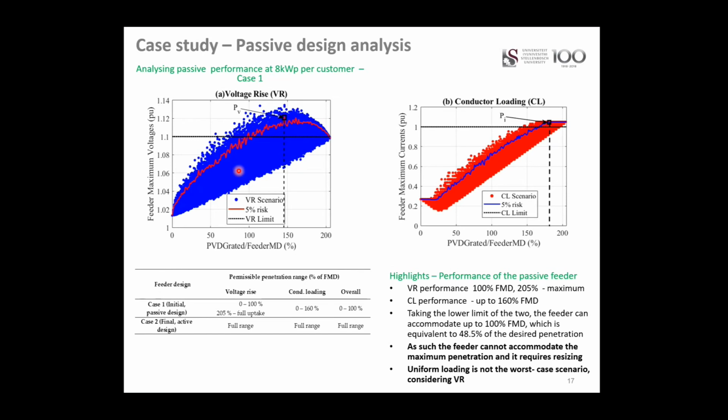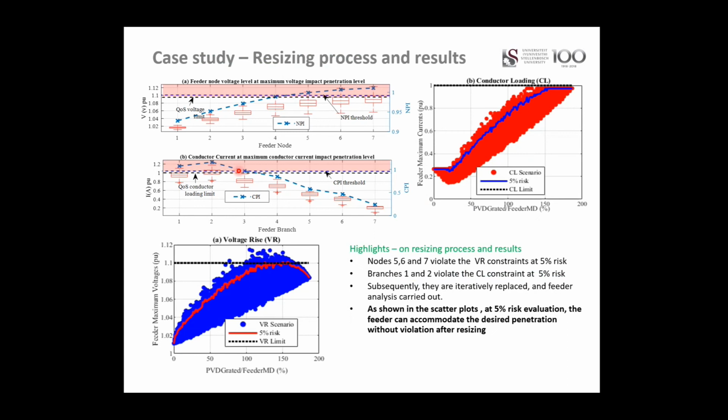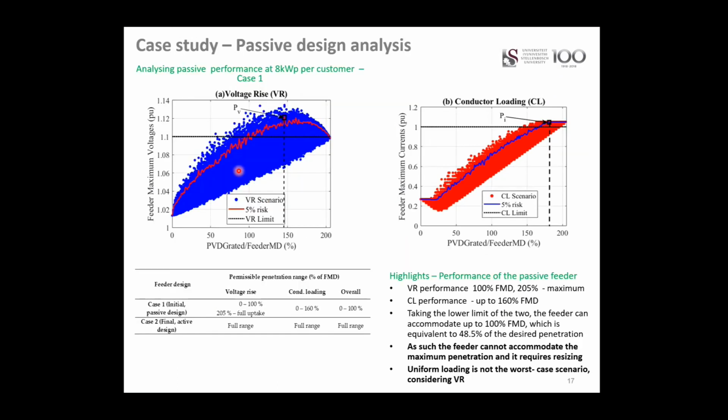It's just that your penetration is calculated based on your feeder maximum demand. In the end, you want to size a system that meets a given penetration, defined as your PV versus the feeder maximum demand, and that gives you your percentage threshold, so as to ensure that your risk trend line is below that.